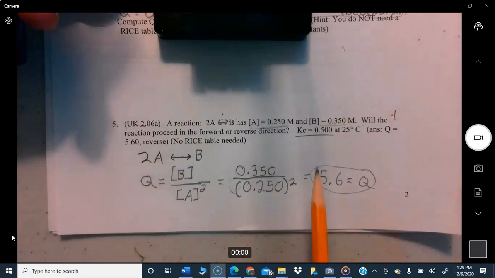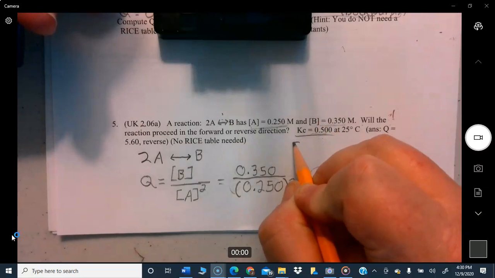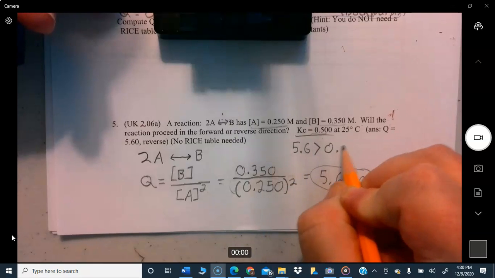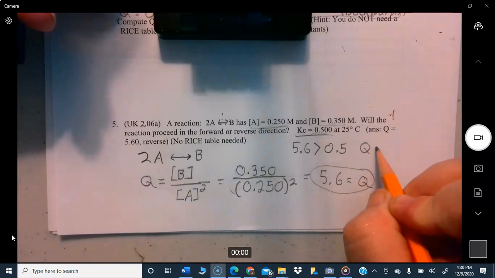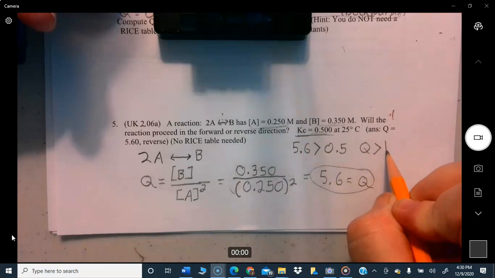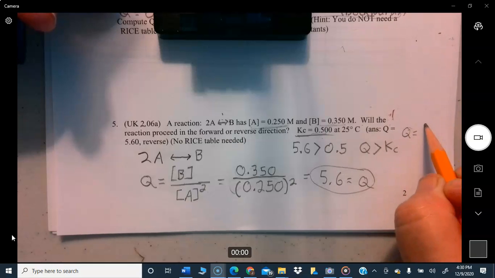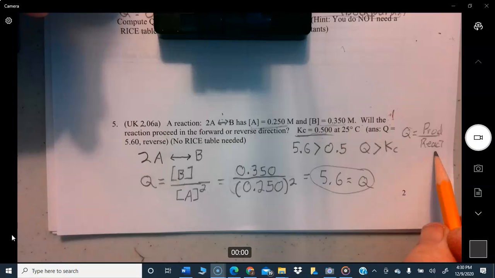Okay, that's really not answering the question. Kc is 0.5. So 5.6, which is Q, is greater than 0.5. In other words, Q is greater than Kc. That means, again, write this out. Q, just like Kc, is products over reactants. So you have too much on top for the amount on bottom.